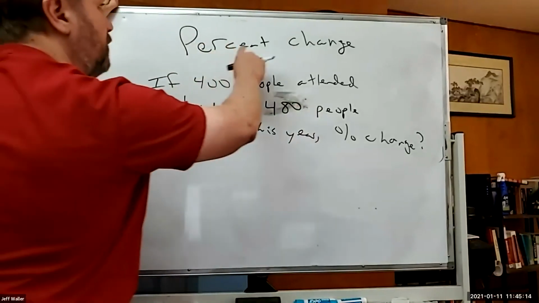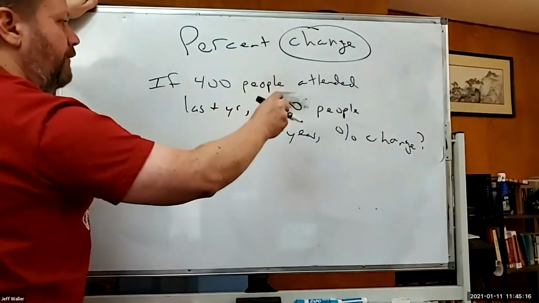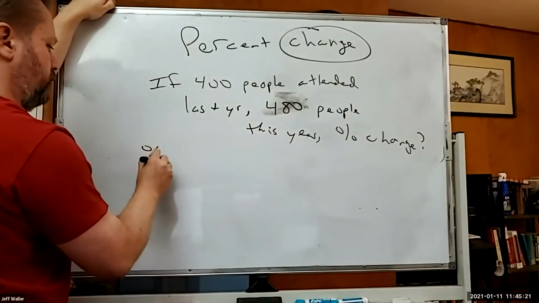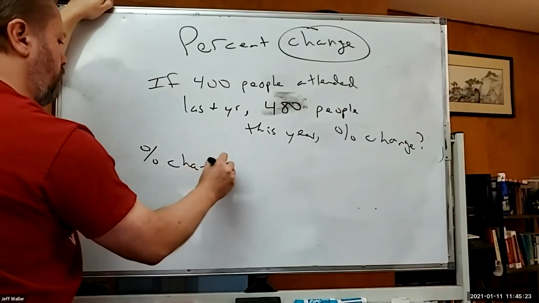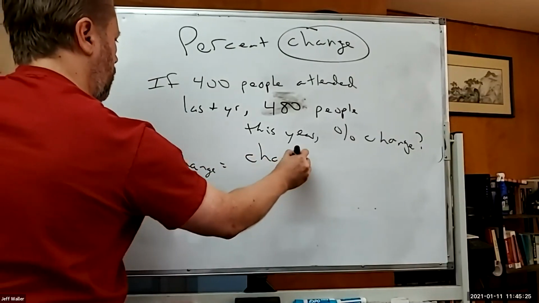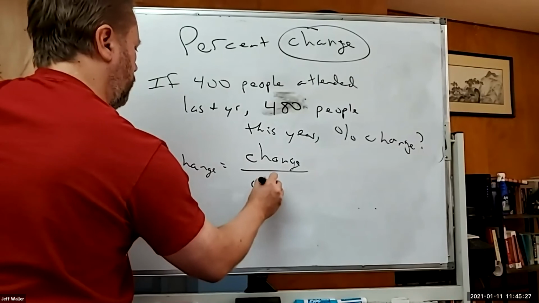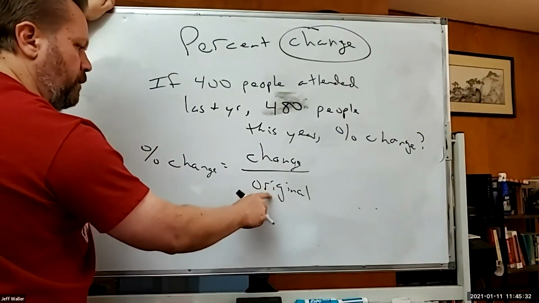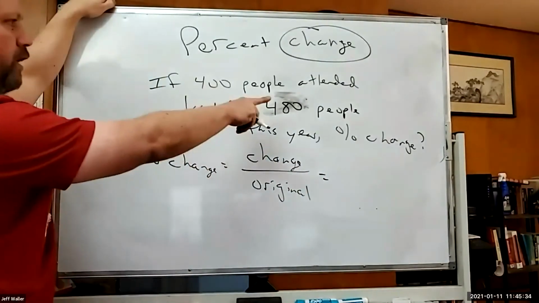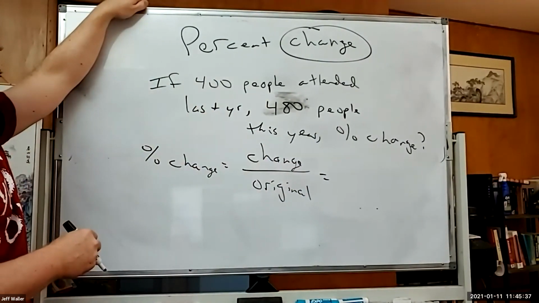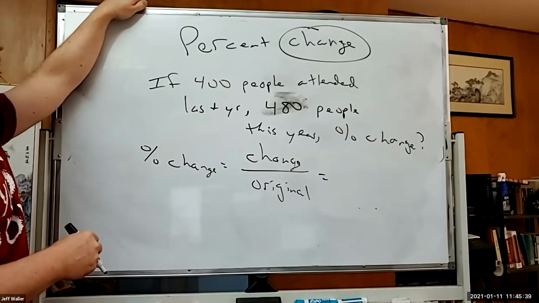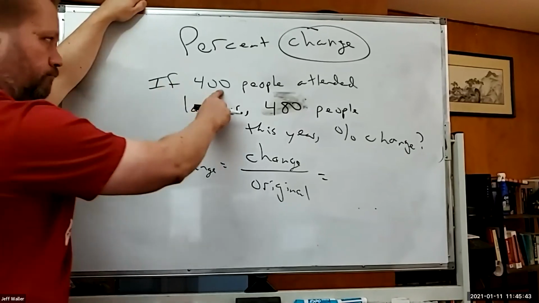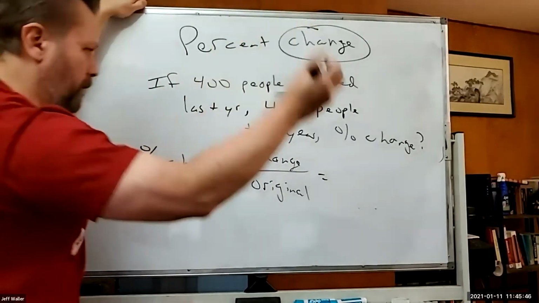So to do percent change, I have to know how much it changed by. So percent change equals the change divided by the original. That's the key. This is the mistake people make all the time. So how much did the attendance change? 80 people.